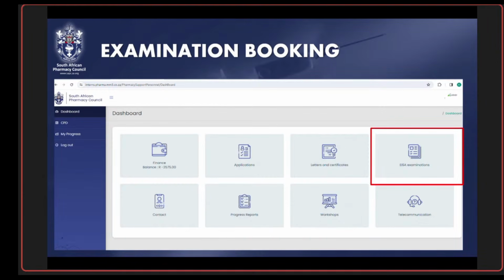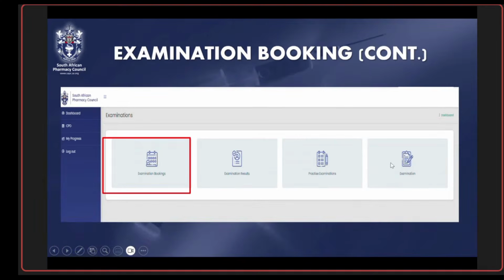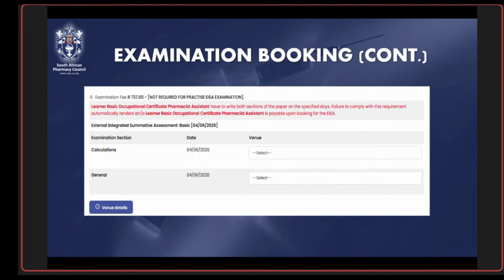So you go on the SAPC website, log in with your login details. And once you are logged in, on the dashboard, you will see EISA examination. And the first tab furthest to the left is examination booking. You will click there.